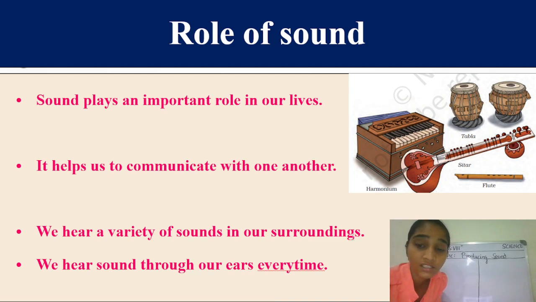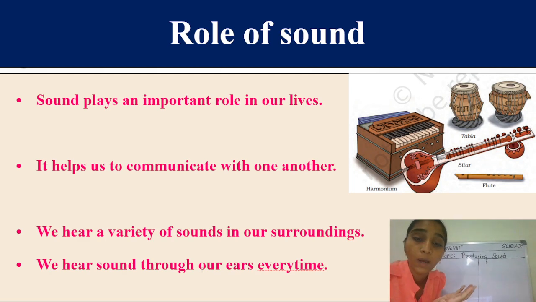And what about, students, the musical instruments which you are seeing over here, are these also producing sound? Yes, they produce different sounds, like the tabla, the harmonium, sitar, or the flute, right? These are the musical instruments which produce sound. And students, what about this? We hear sound through our ears every time, right?